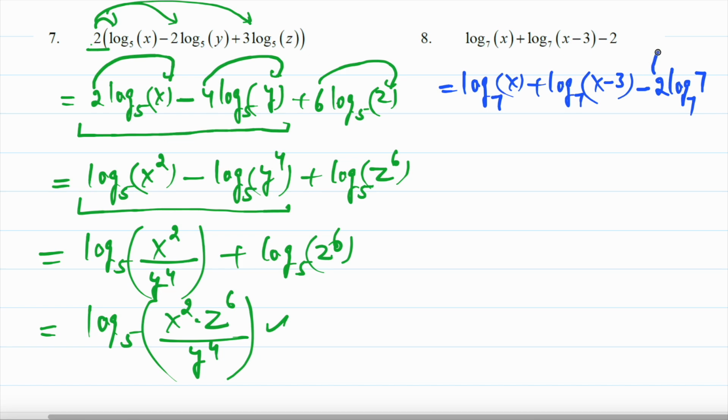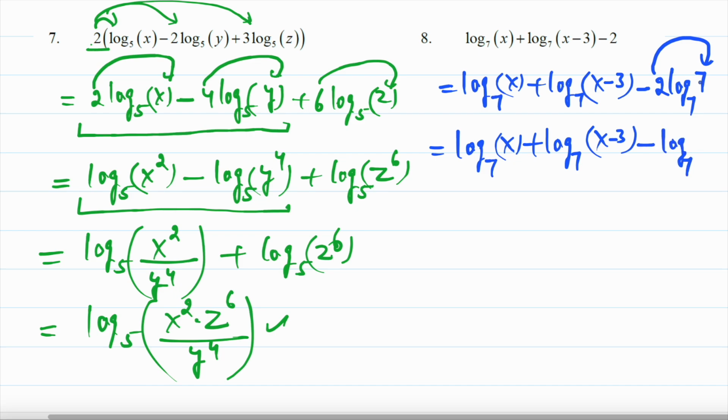Now next step, I'm going to move this 2 as an exponent of 7, so it's going to be log base 7 x plus log base 7 x minus 3 minus log base 7 of 7 to the power 2.